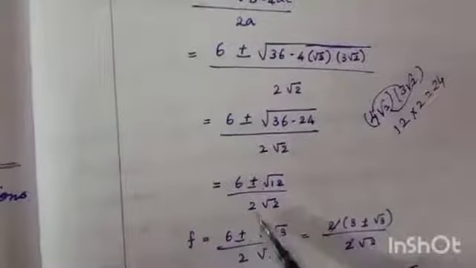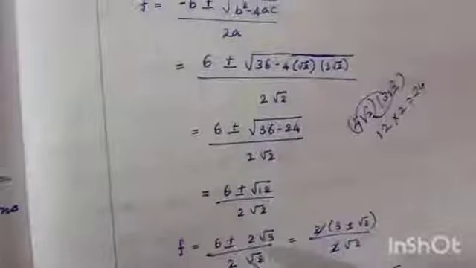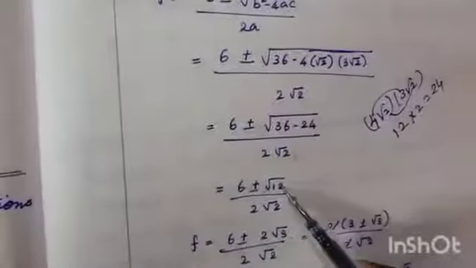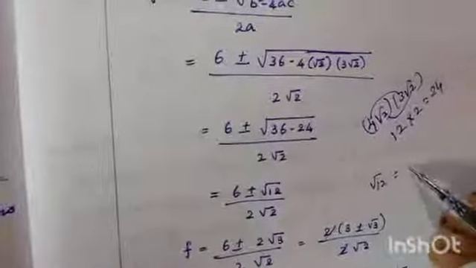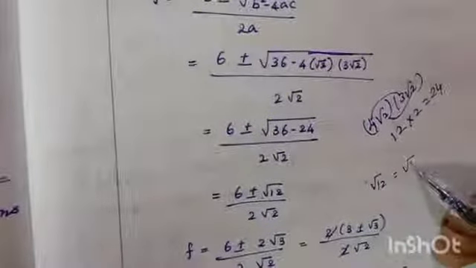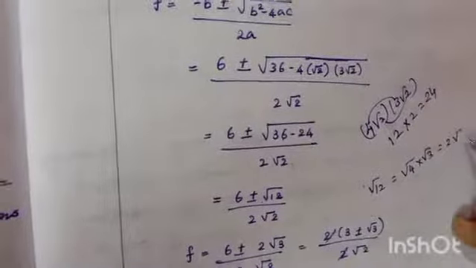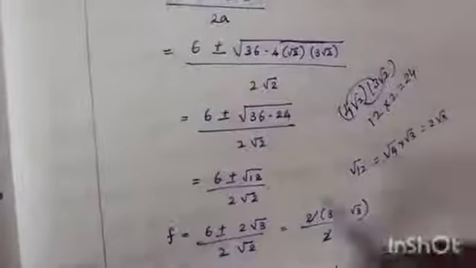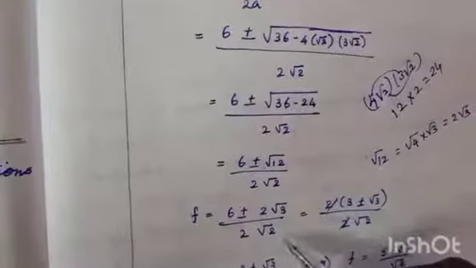So we have two values, 6 plus or minus root 12 by 2 root 2. Root 12 is written as root 4 into root 3, so root 4 value is 2, root 3. Root 12 is rewritten as 2 root 3, whole divided by 2 root 2.